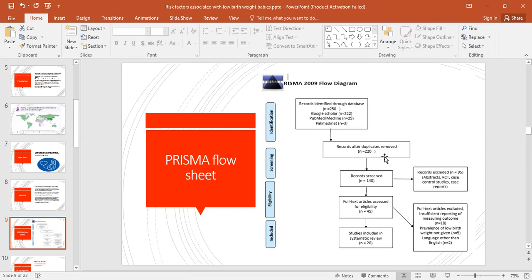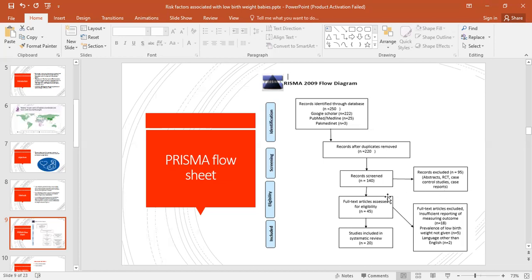After screening of all these articles, the number remaining is 140, and records excluded from these 140 is 95 due to just abstract, RCT study design, case control studies, or case reports.